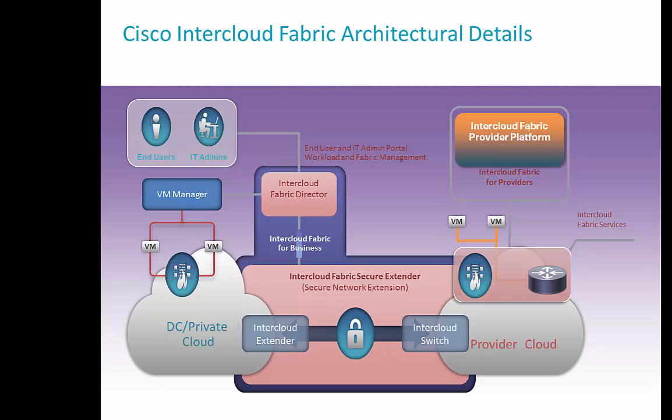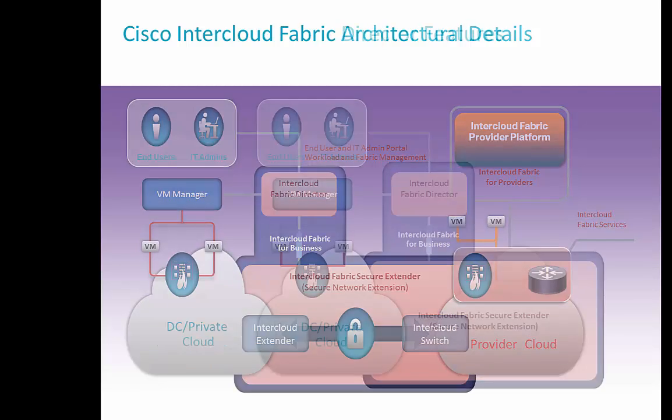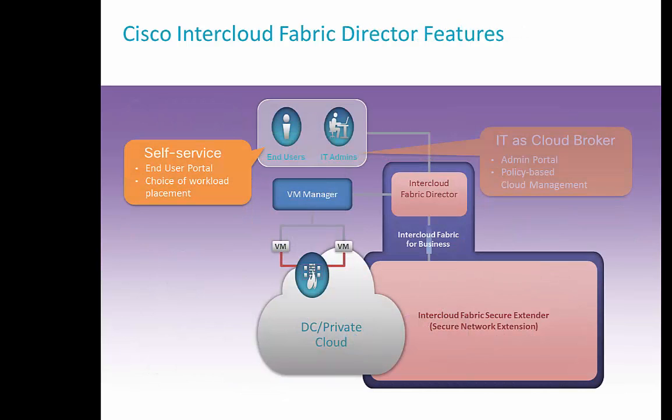What are the requirements? We're going to cover that later. Then, sitting in the data center, from the ICF Director you can manage the VMs in your cloud as if you were managing them in your own data center. All the communication between the ICS and the VMs on the cloud side is encrypted. And there are also Intercloud Fabric services.